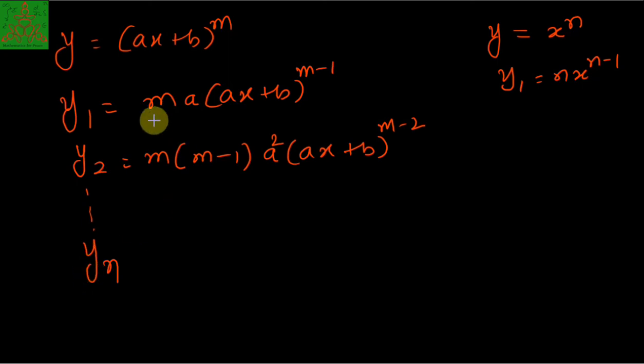As you can observe, in the first derivative it is m, in the second derivative it is m minus 1. This a square is there, so the first term a power n is already there.